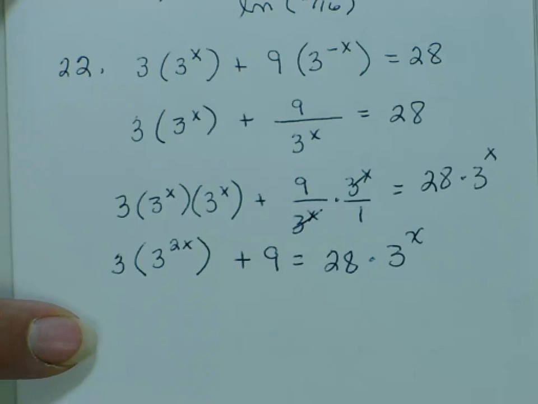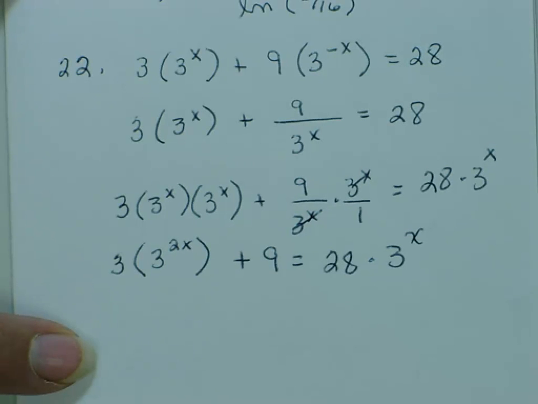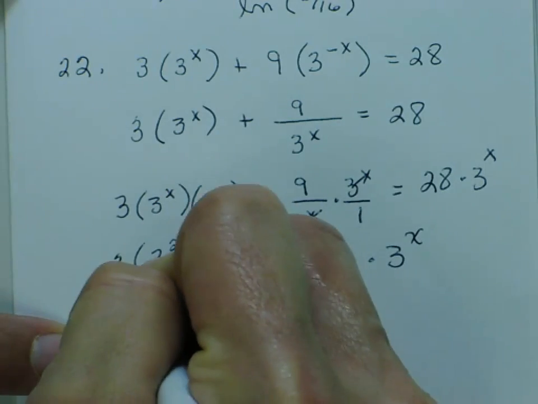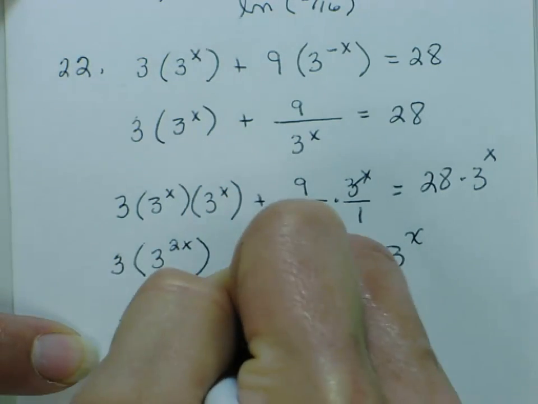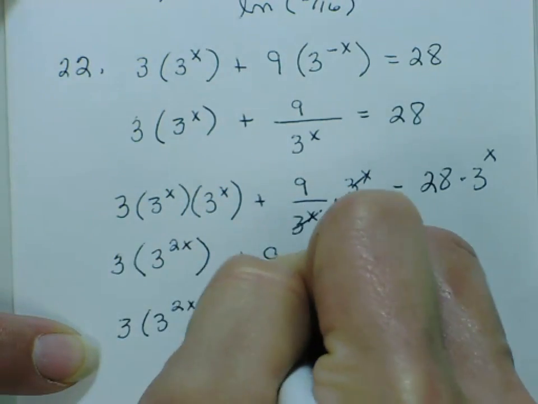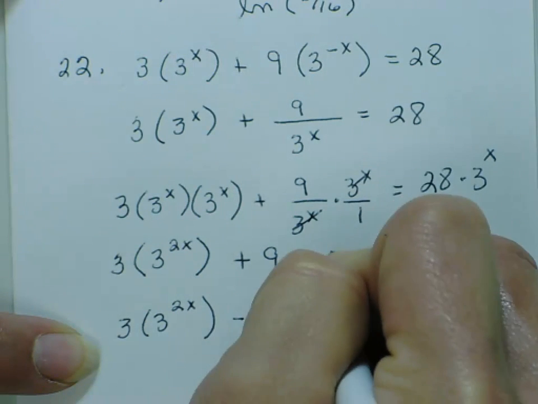Still looks pretty crazy. Just about anything other than a linear equation, we get it set equal to 0 and then try to figure out something. So I would subtract the 28 times 3 to the x, and I'm going to put it in the middle as the middle term.